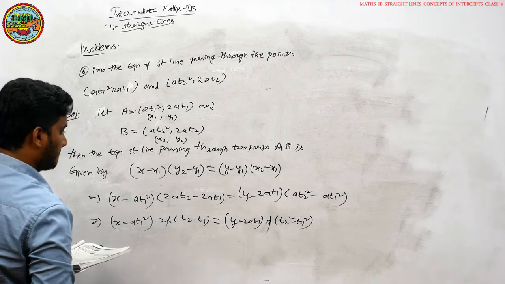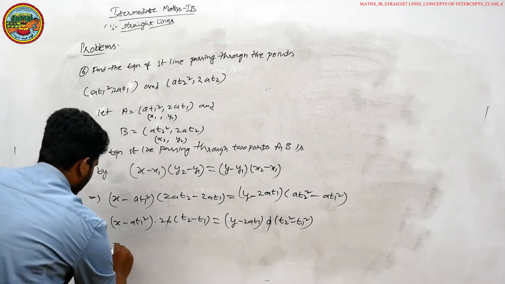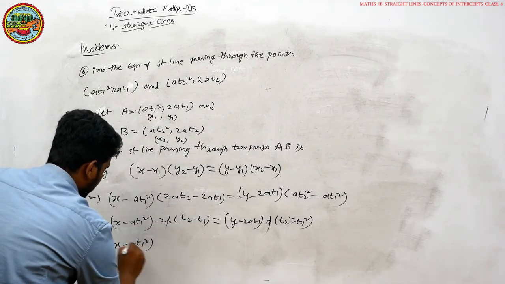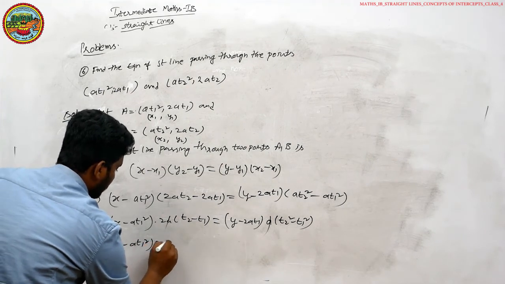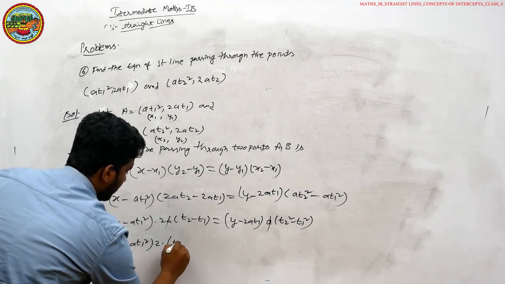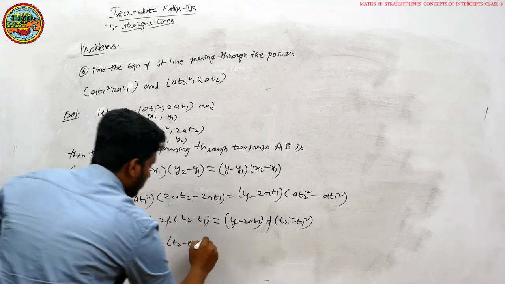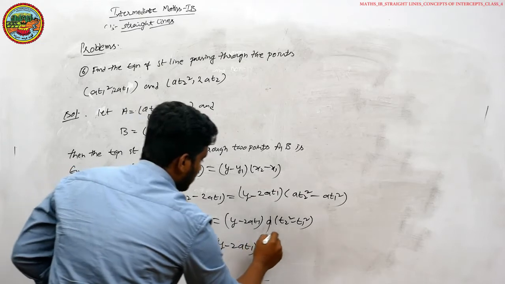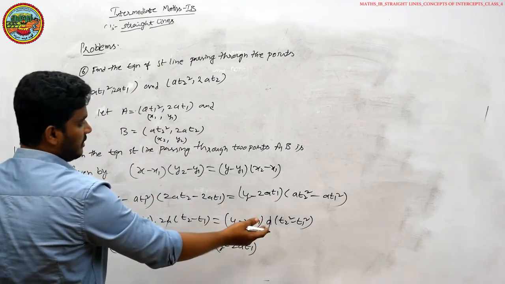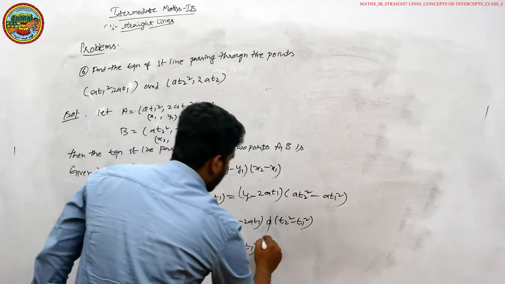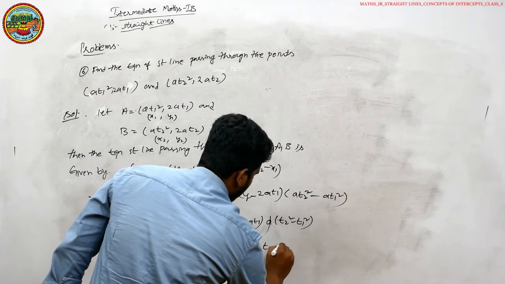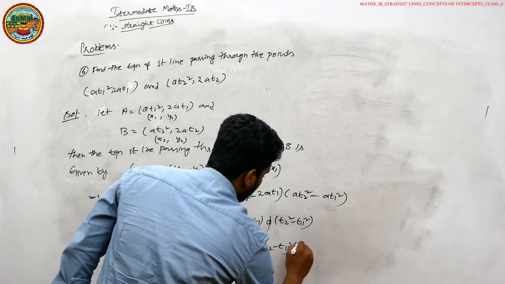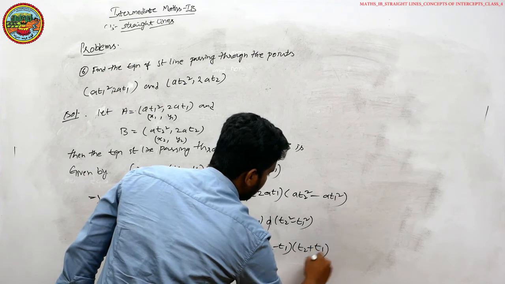So x minus a t1 square into 2 into t2 minus t1, which is equal to y minus 2a t1 into, this we can write as a square minus b square equals a plus b into a minus b, that is t2 minus t1 into t2 plus t1.